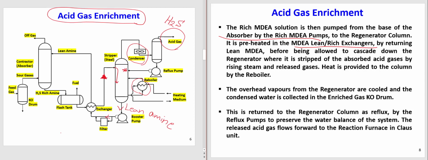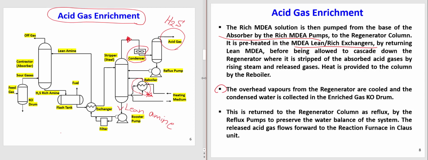This heat is provided by the reboiler that we have here, which produces the high temperature for us. The overhead vapor from the top of the regenerator is cooled and condensed by using a condenser.